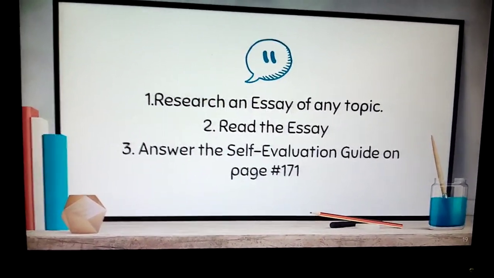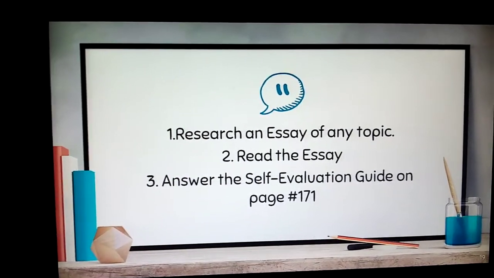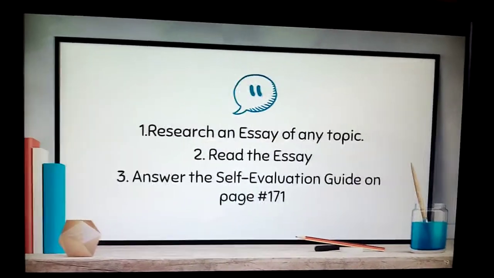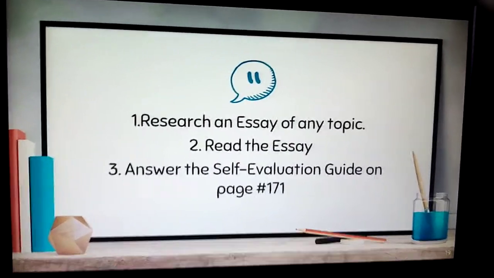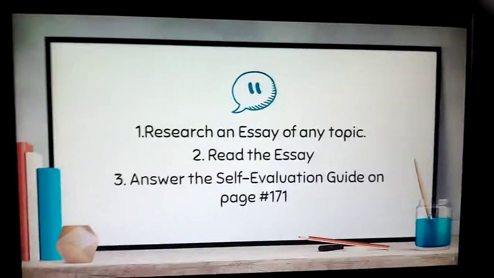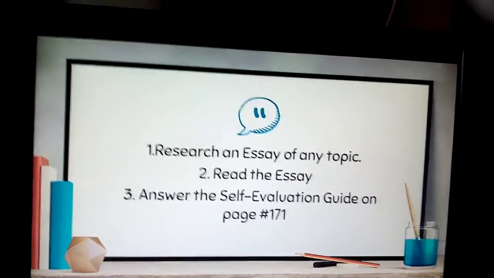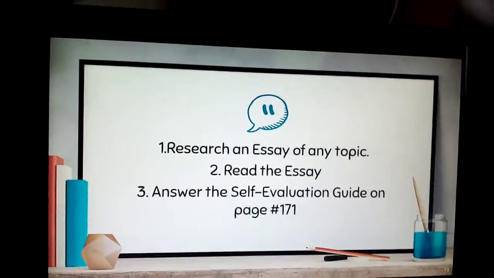Those are questions, and remember, you have to answer them with the information of the essay. Look for the word essay on the internet, download a small essay, and then answer the self-evaluation guide with the information from the essay.